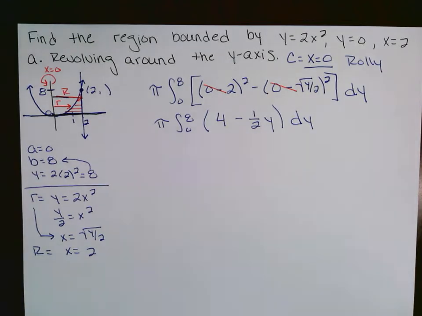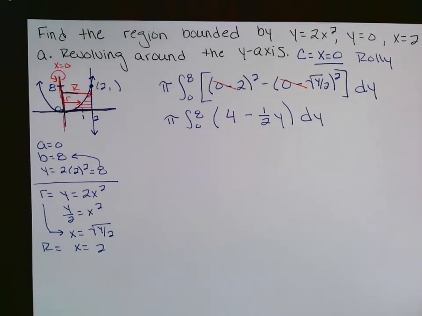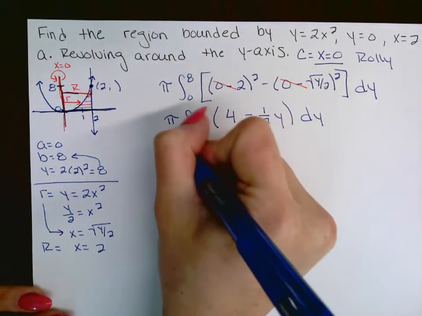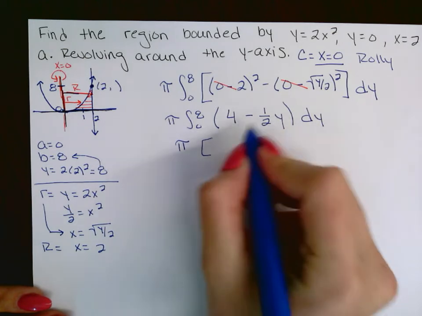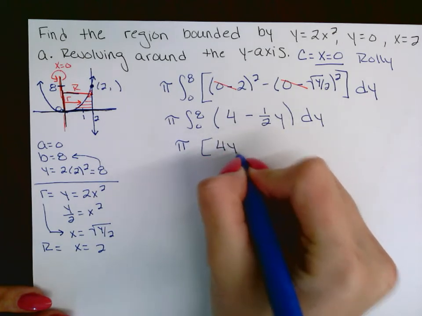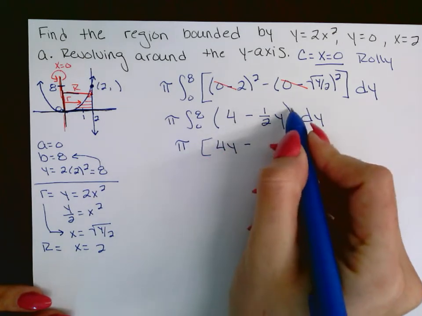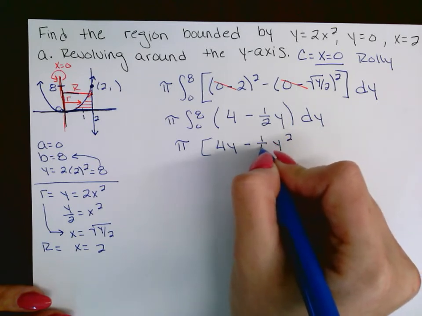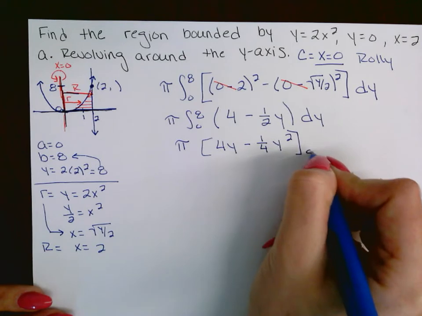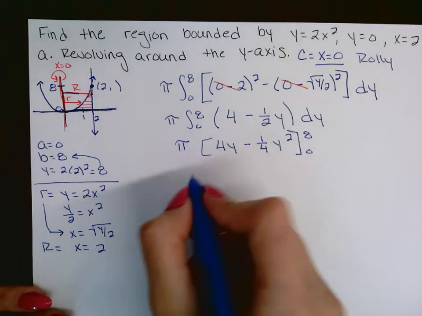It's a very nice, easy antiderivative. All right, so I dropped down my pi. Antiderivative of 4. Be careful not to put 4x. Remember, we are in terms of y. Minus, add 1, which would make it y squared, and divide by that 2, which would make it 1 over 4. And this goes from 0 to 8.